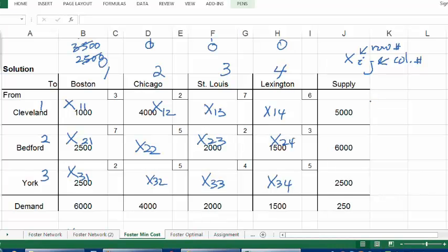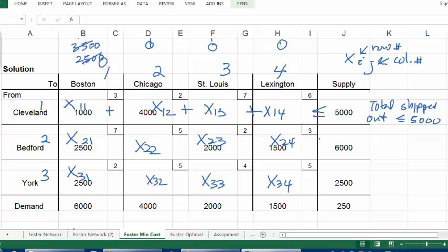So the total shipped out from Cleveland must be less than or equal to 5,000. If I add all this, that's the total shipped out, right? So x11 plus x12 plus x13. If I add up all these amounts, that shouldn't be more than 5,000. So that's how we could write the constraint for each row.